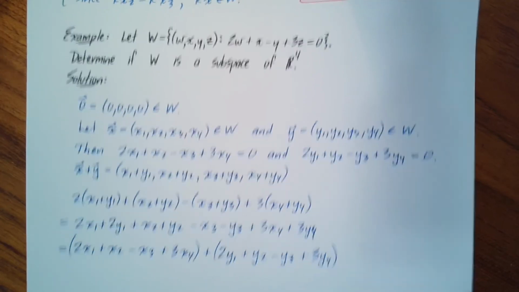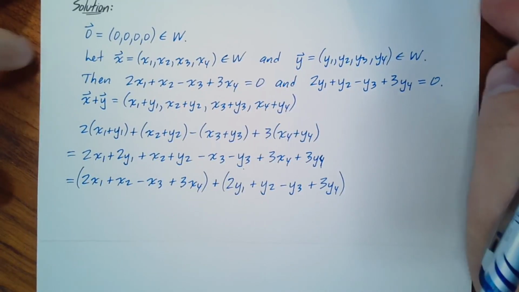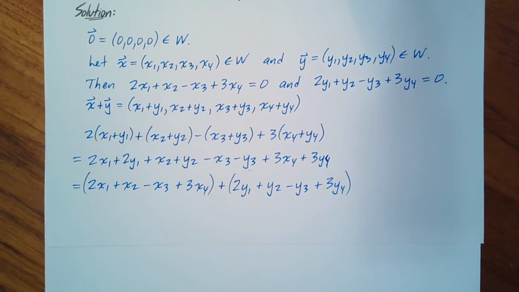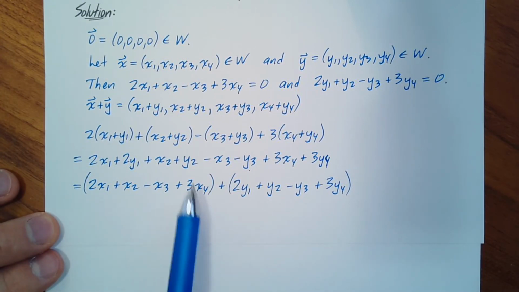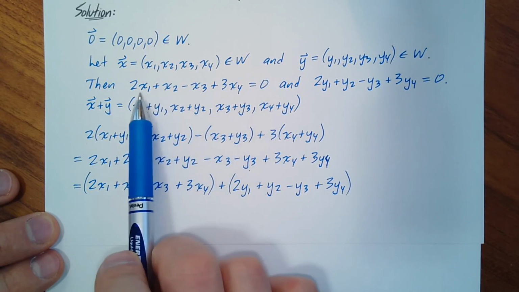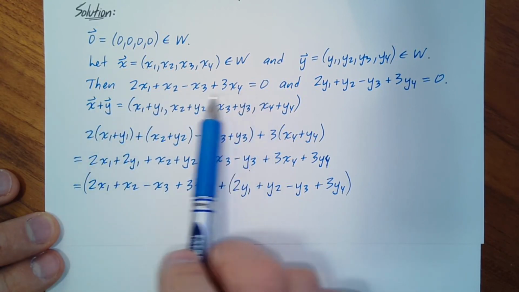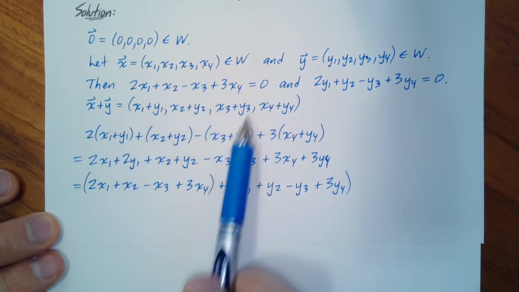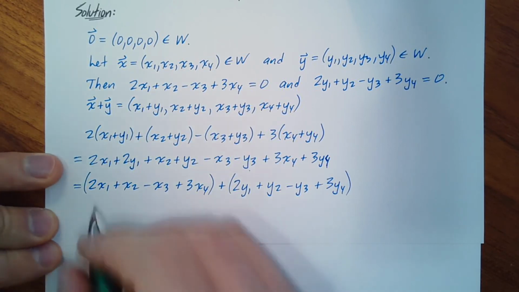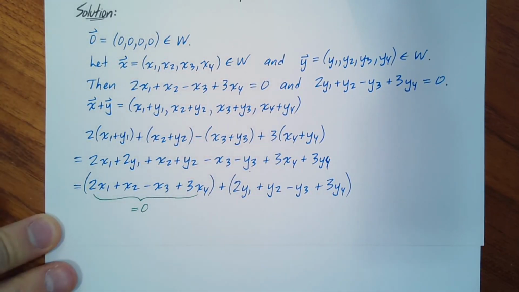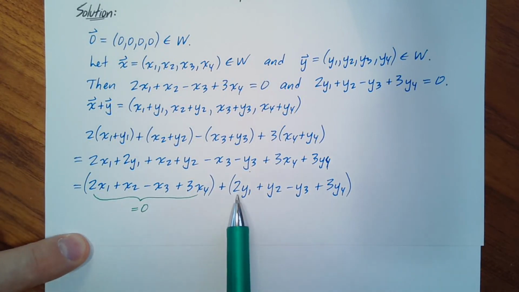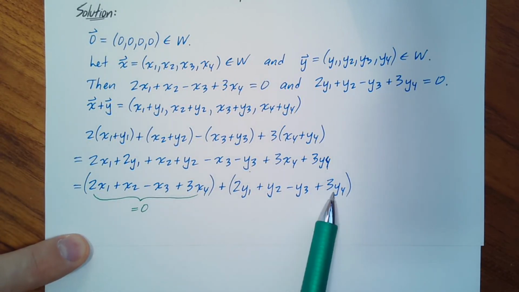And now what? Can we use our assumptions at all? Looks like we can, because this is exactly what you see on the left-hand side of this equation. And if we're assuming that this equation is true, then this must be equal to 0. And same with this, 2y1 plus y2 minus y3 plus 3y4.